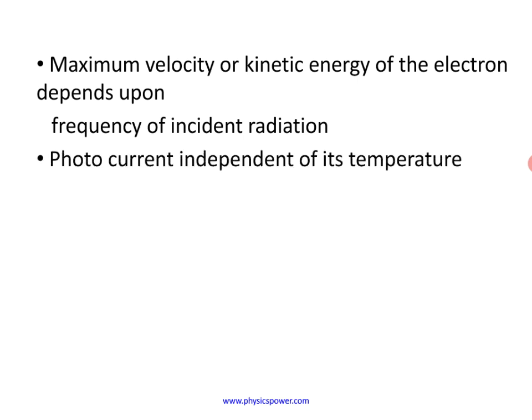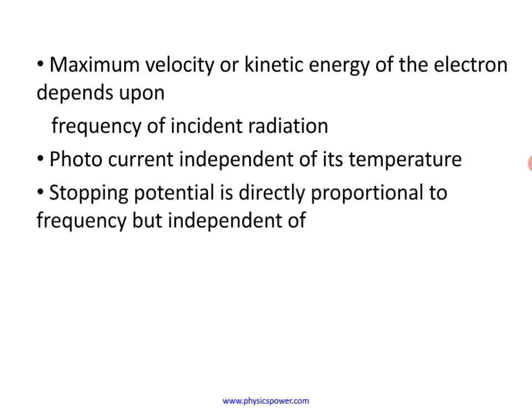And one more major point, which we did not discuss so far: photocurrent is independent of temperature. For example, if you increase the temperature, we can get electrons from the metals, but that is thermionic emission, not the photoelectric effect. Both are completely different phenomena. So photocurrent is independent of temperature.